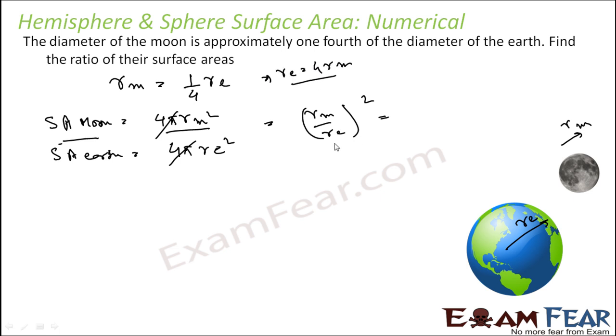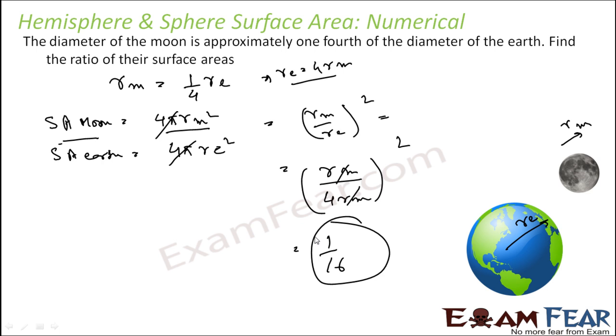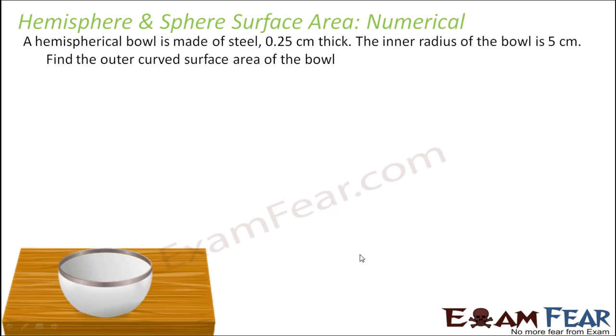So I'll just replace Re with 4Rm square. Gets cancelled. So 1/4 square, that is 1/16. So the ratio of their surface area is 1/16. Pretty easy. The ratio of the radius is 1/4, so the ratio of surface area has to be 1/16 because the surface area is directly proportional to radius squared. So that is the answer.